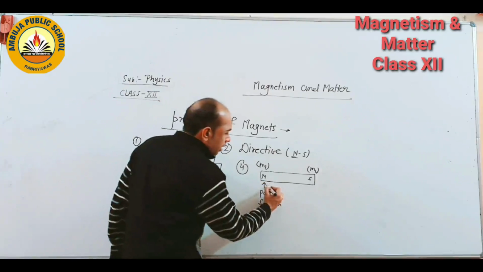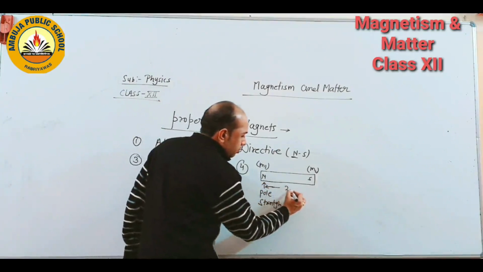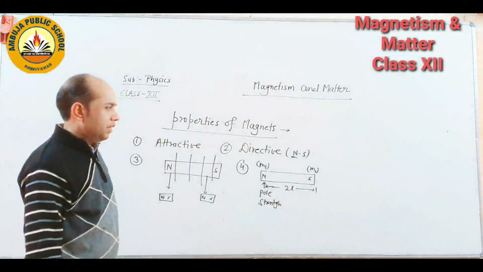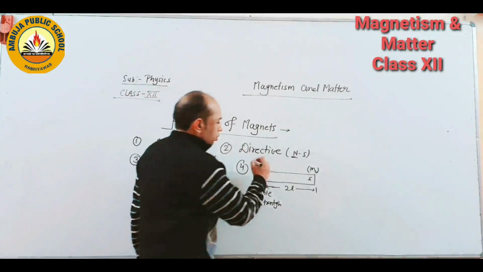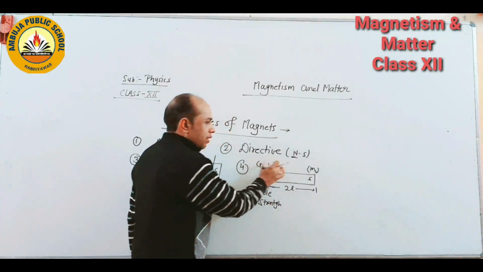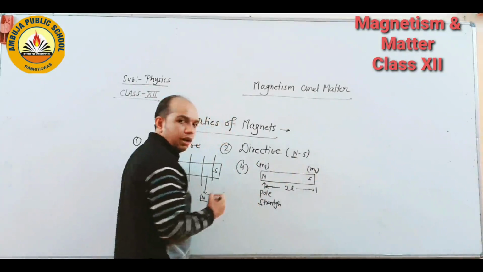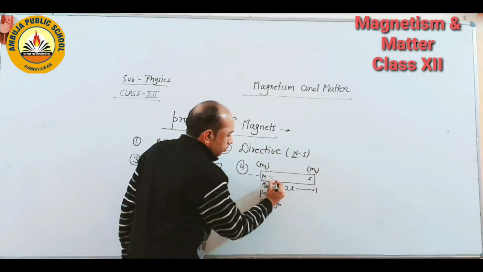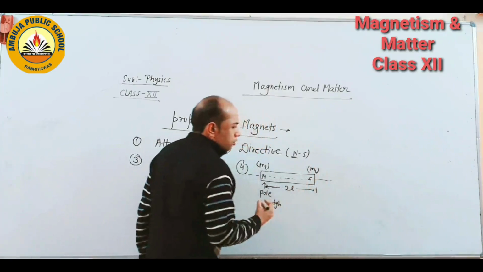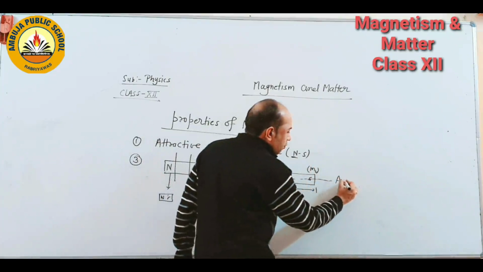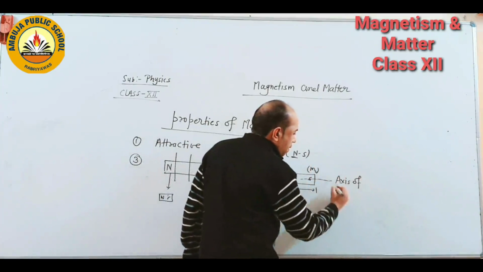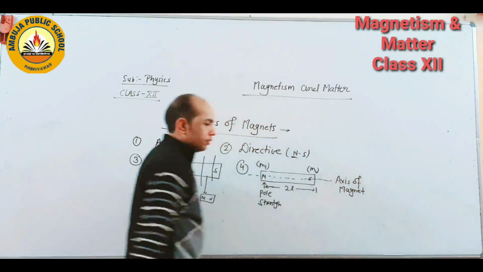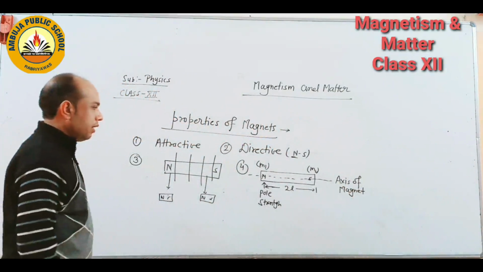And the distance between them is taken as 2L, or L as per our convenience. So pole strength is denoted by M1 and M2. If we draw an imaginary line from north to south, this is called the axis of the magnet.